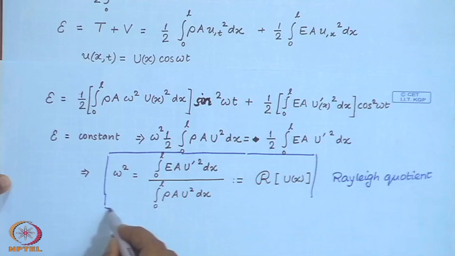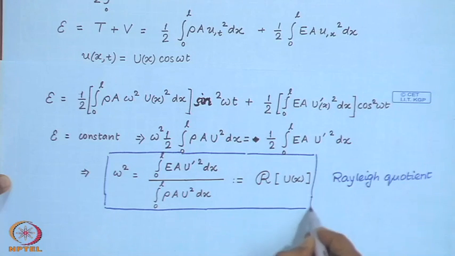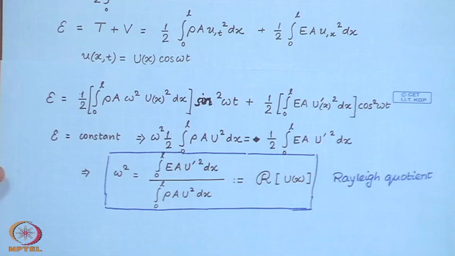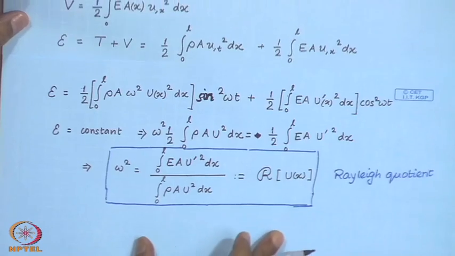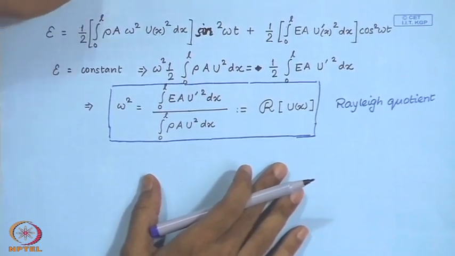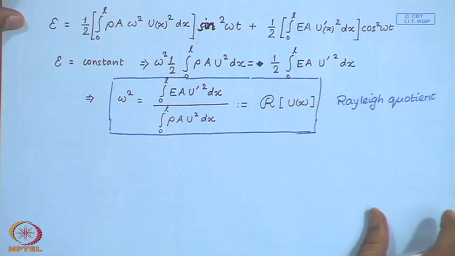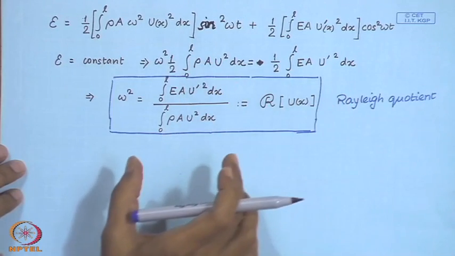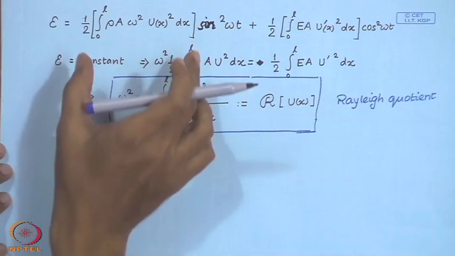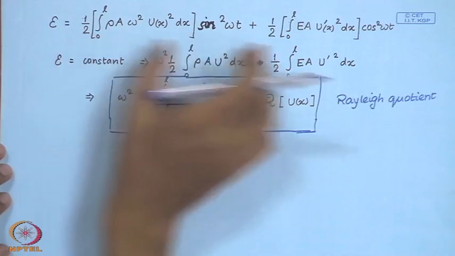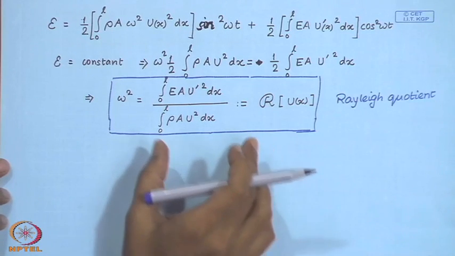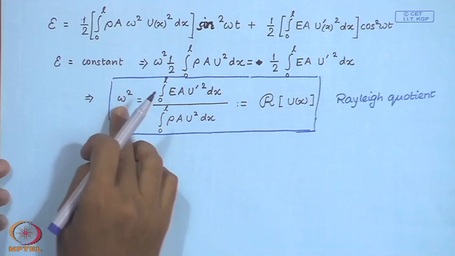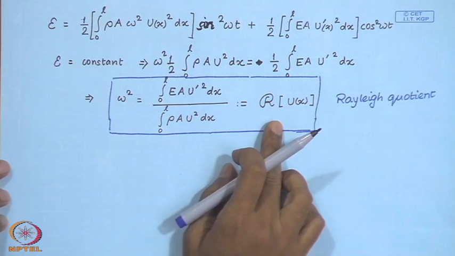And this Rayleigh quotient is the key concept in Rayleigh's method. So, what we have done is we have considered the modal solution, substituted it in the total mechanical energy expression, and finally, we force the energy to be independent of time by matching the two coefficients of the sin square and the cos square omega t terms to obtain omega square as a ratio, which is known as the Rayleigh quotient.